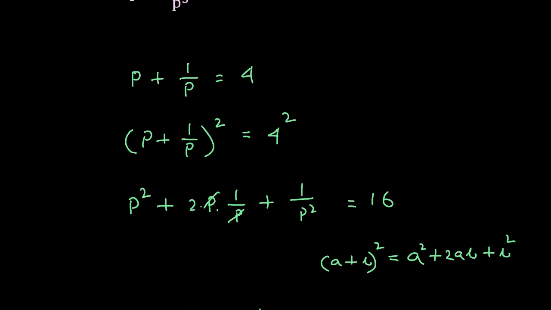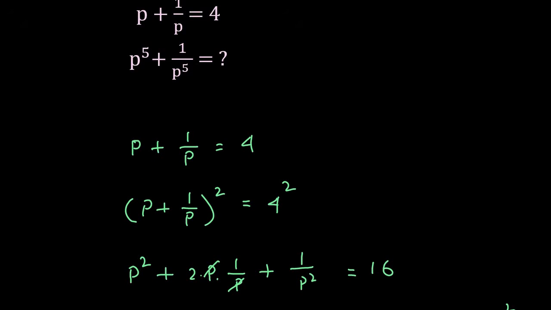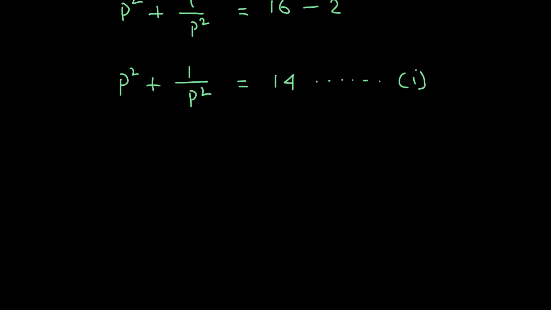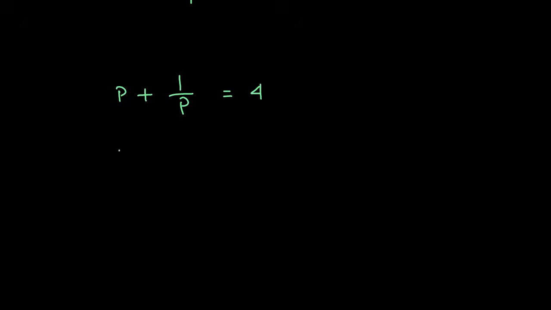Again, the given value is p plus 1 by p equals 4. From here, we can get the value of p cube plus 1 by p cube. So we have p plus 1 by p equals 4. If we cube both sides, we have p plus 1 by p whole cube equals 4 cube.